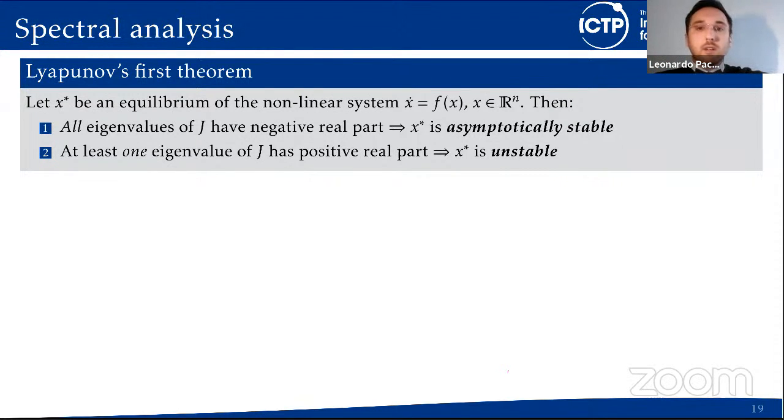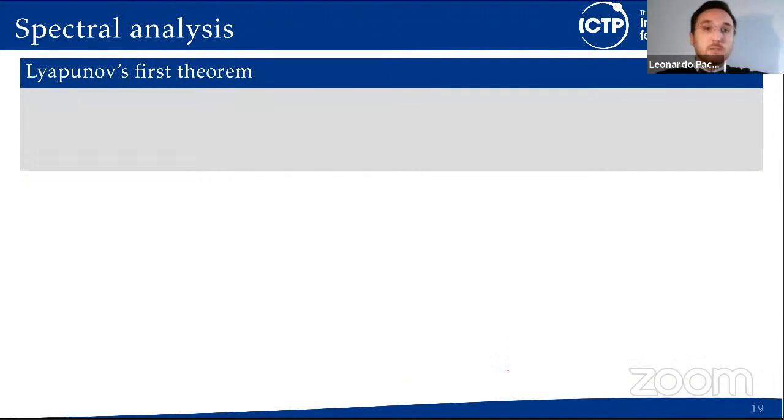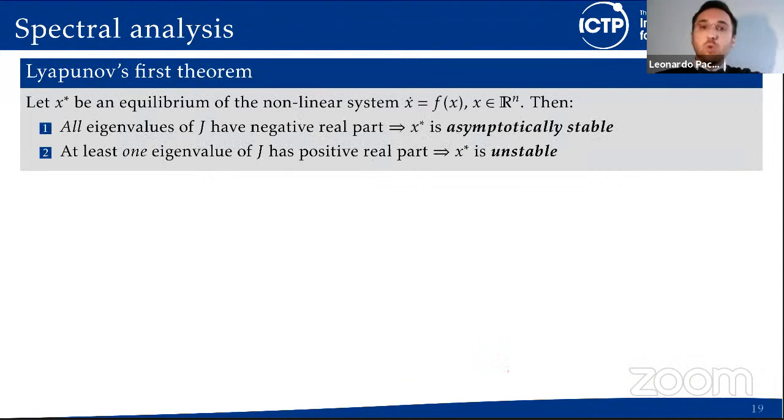In this case, however, you always have square matrices because if x is a vector of dimension n, of course, also f will have to be a function in n dimensions, and so this will be an n times n matrix. And so in this case, we use eigenvalues directly because we know that eigenvalues and eigenvectors are defined for square matrices. PCA is something that we do with rectangular matrices, but this is just not this case. Is that clear?